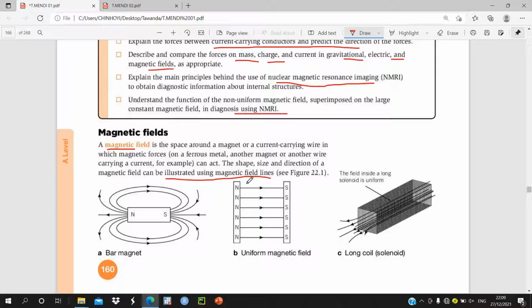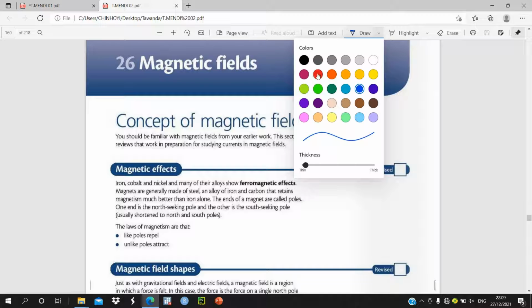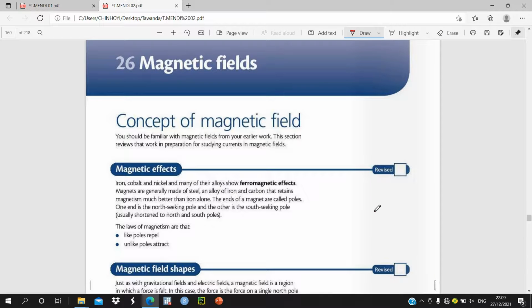So generally we are saying we have got magnetic alloys that are used to make the magnets. As you can see here, we have these alloys which make up the magnet. Some of the alloys are iron, cobalt, nickel.